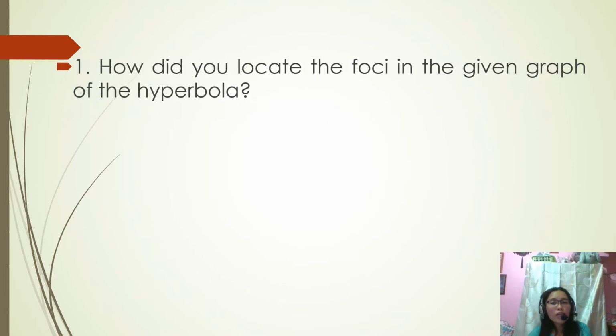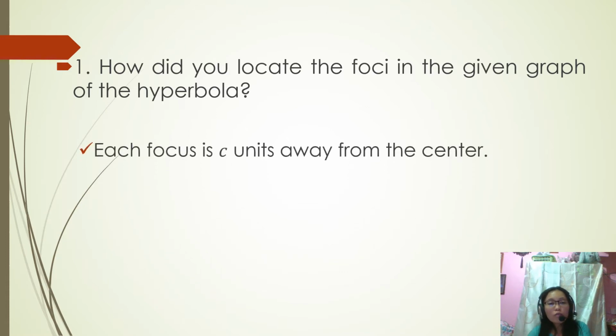So, how did you locate the foci in the given graph of the hyperbola? Giunsa daw nato pagpangita kung nasakto ba kaha ang foci. Okay? So, each focus is C units away from the center.